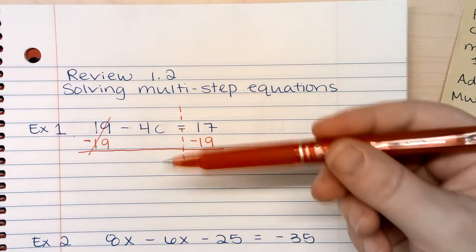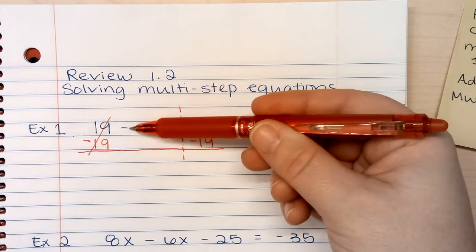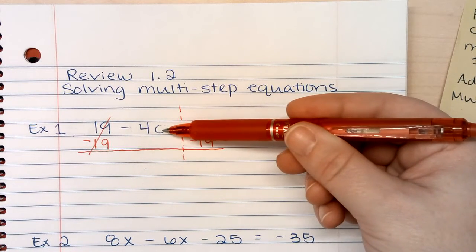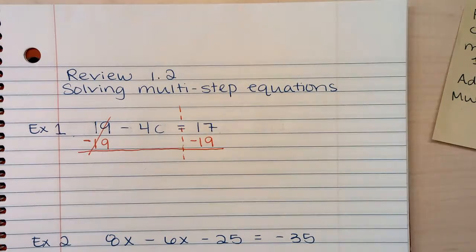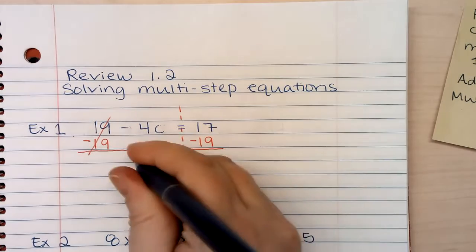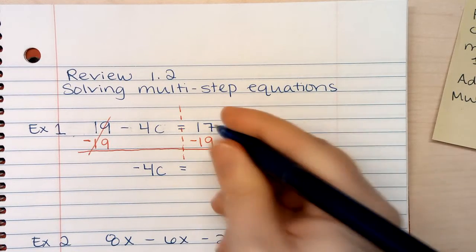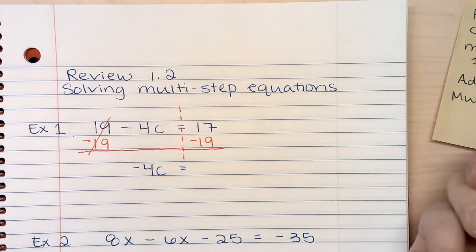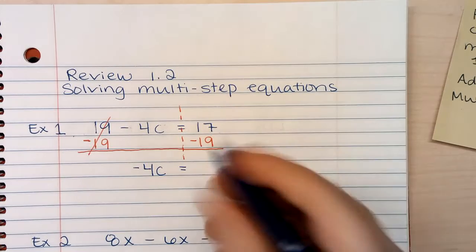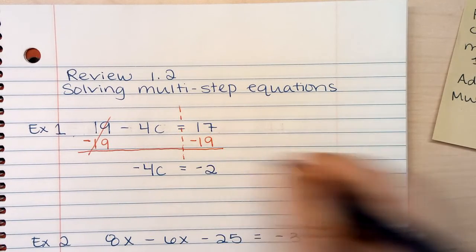We're going to bring down what is left over. Do not forget the sign that's in front of the 4c. It has to go with it. It's attached. It's a negative 4c. Negative 4c equals 17 minus 19. Well, 19 is bigger than 17, so we know we have a negative 2.